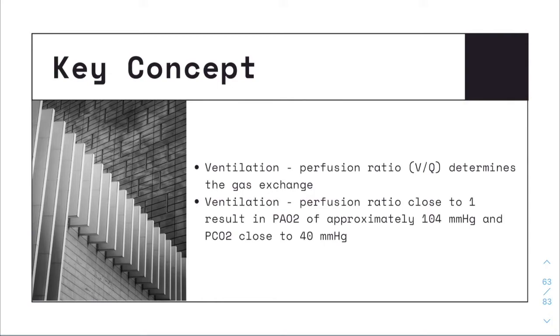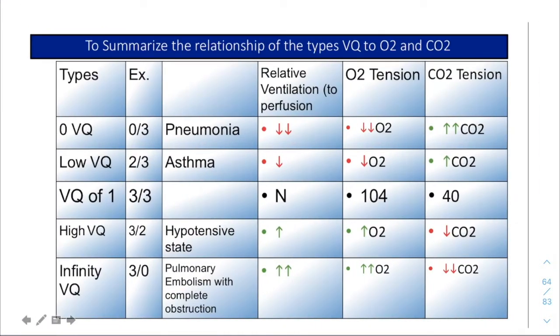Some books will tell you 0.8 to 1.2. And this will affect your oxygen tension and CO2 tension. If the ventilation perfusion ratio is 1, your oxygen tension at the end capillary will be similar to your alveolar oxygen tension of 104, and your PCO2 is 40.